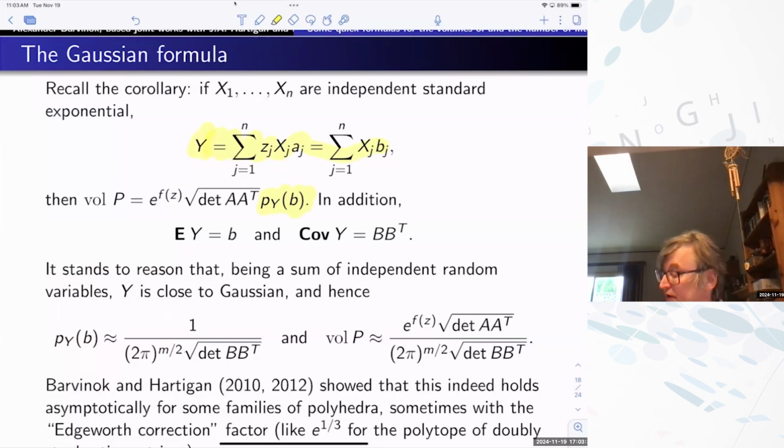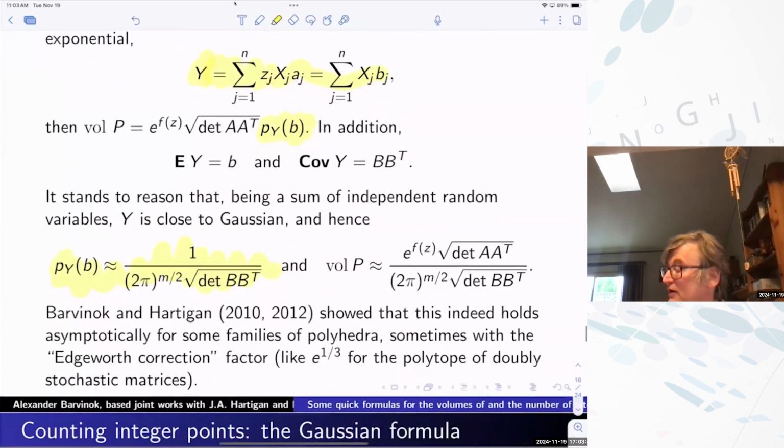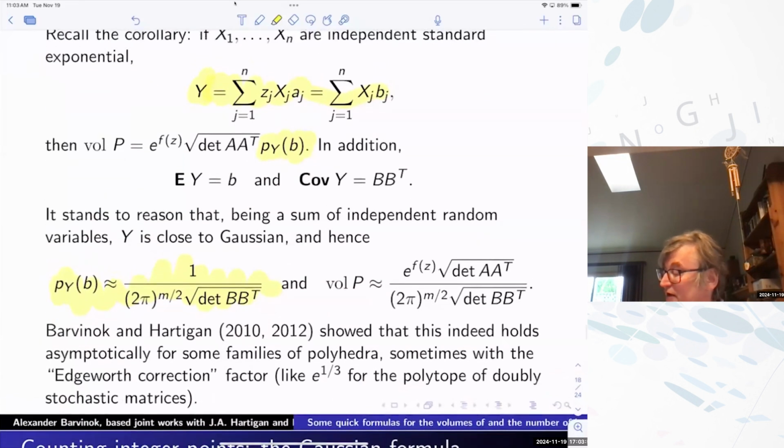So it stands to reason that it's close to Gaussian. And then if it's indeed close to Gaussian, it's just a piece of cake: we estimate the value of the Gaussian density at its expectation by the local central limit theorem, and we get this formula.